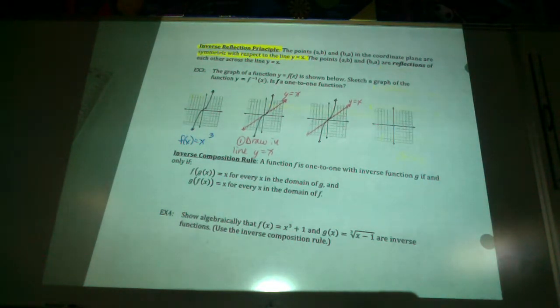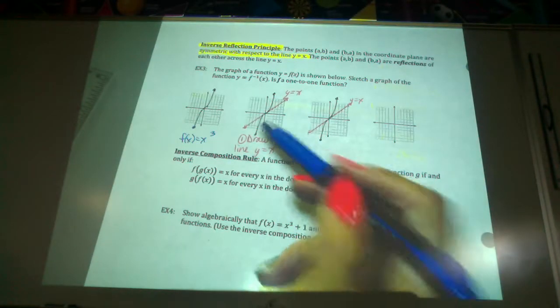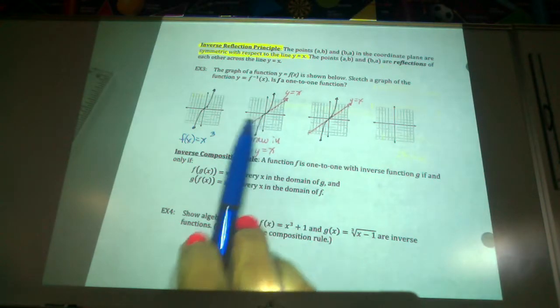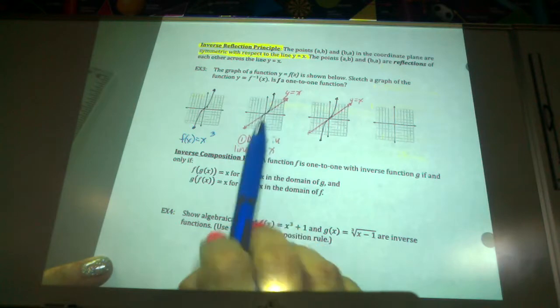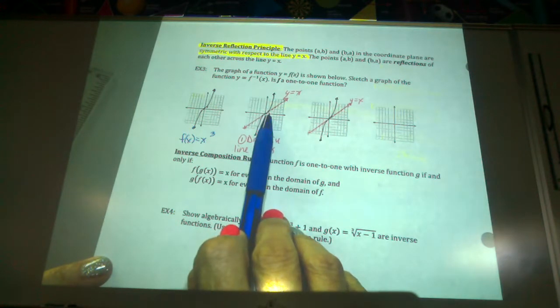So in order to do this reflection, I'm going to look at ordered pairs. So if I look at ordered pairs to find the inverse, I can just switch the x and the y. So let's look at some ordered pairs that are on this original function here. I'm going to ignore (0, 0), just because. Let's just look at the first point, (1, 1).